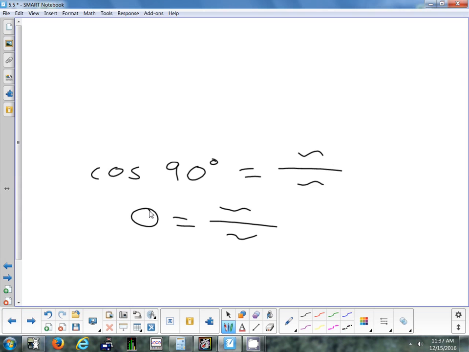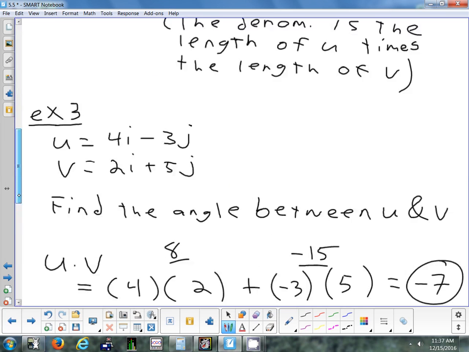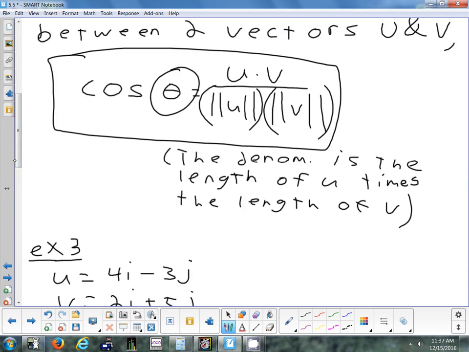So if they're perpendicular, this fraction would have to equal 0. What's the only way that a fraction can equal 0? If it's 0 on the top. Now, what's in the top when you're finding the angle between two vectors? The dot product.